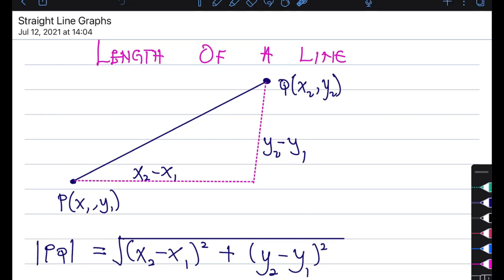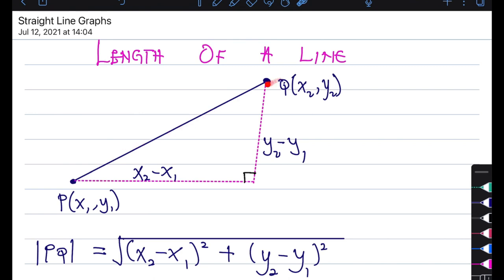But how did we get the formula? Well, we took the formula from Pythagoras' theorem. That says that if you have a right-angled triangle, like what we have here, then the distance from here to there squared plus this squared should be equal to the hypotenuse squared. So that's what we did.